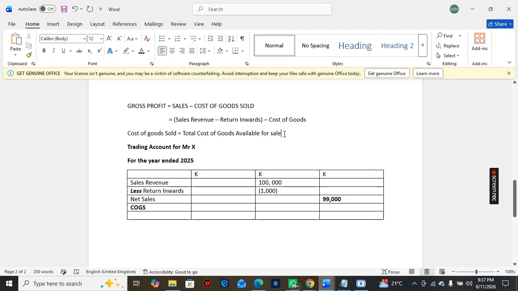So total cost of goods available for sale minus closing inventory. That's how we get this cost of goods sold. Now what I'm going to start working on in this trading account is the total cost of goods available for sale, because this also has its own formula.